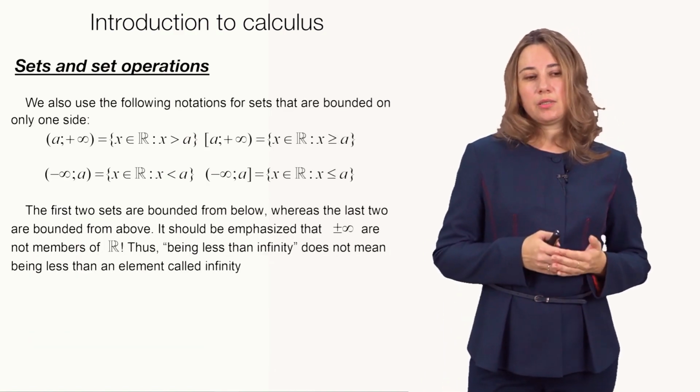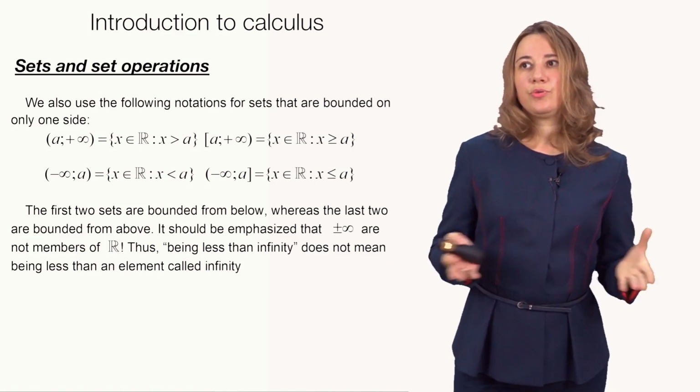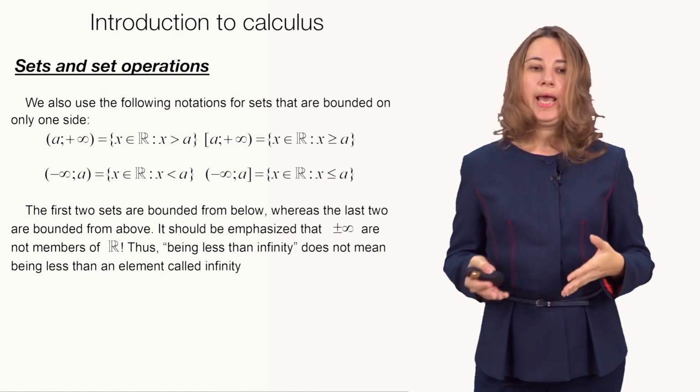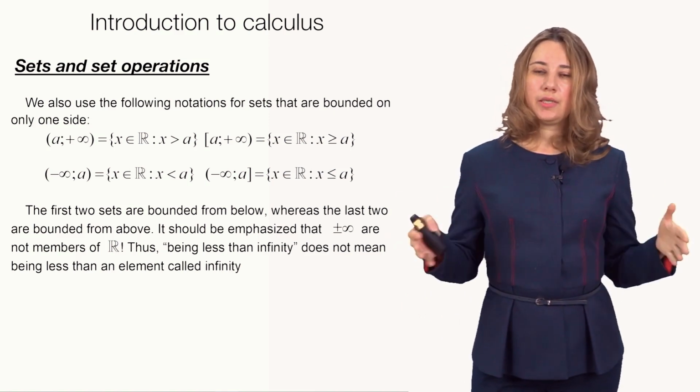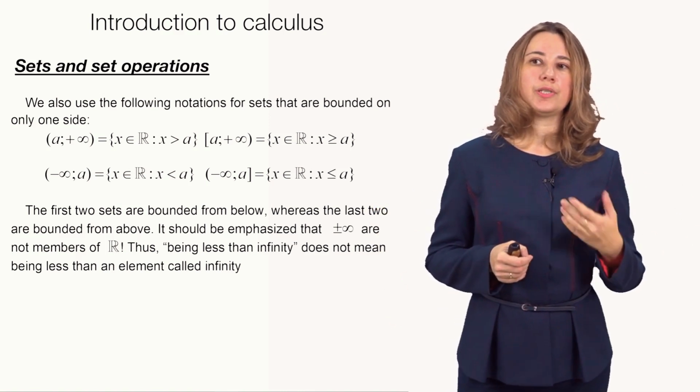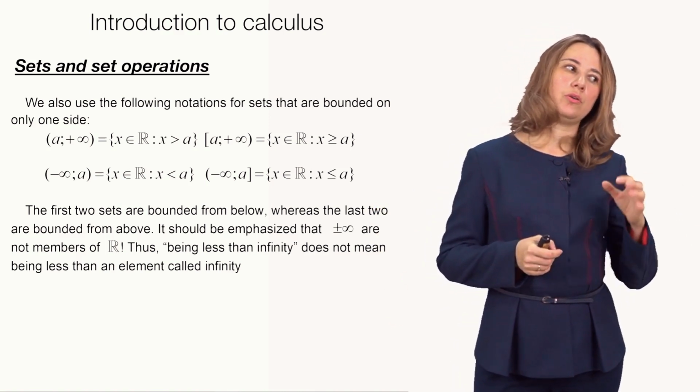In most cases, it is needed to introduce 2 elements, positive infinity and negative infinity, and consider the extended real line. We also use the following notations for sets that are bounded on only one side.